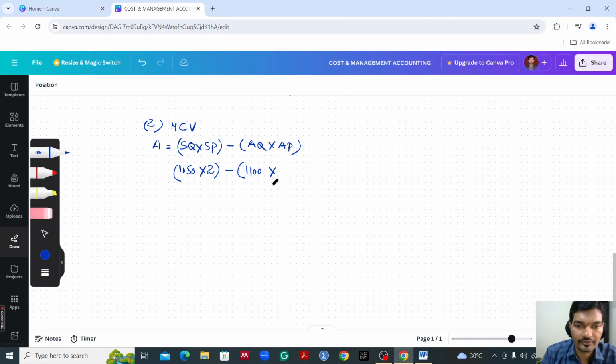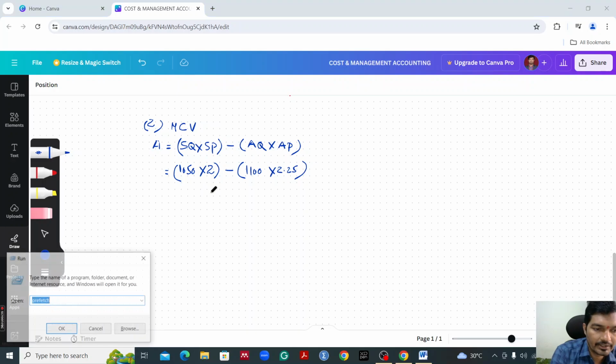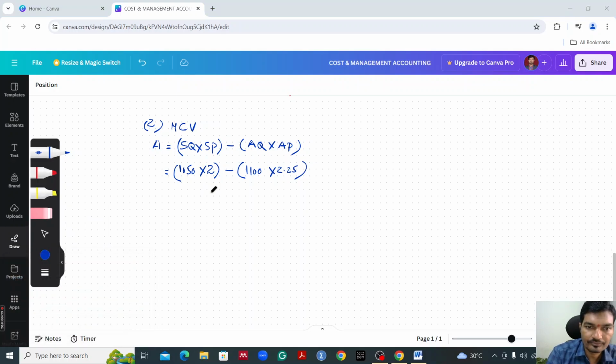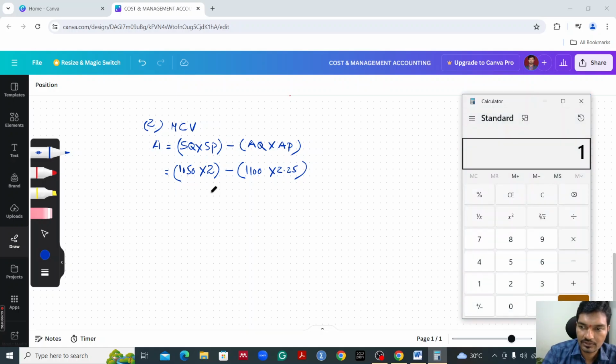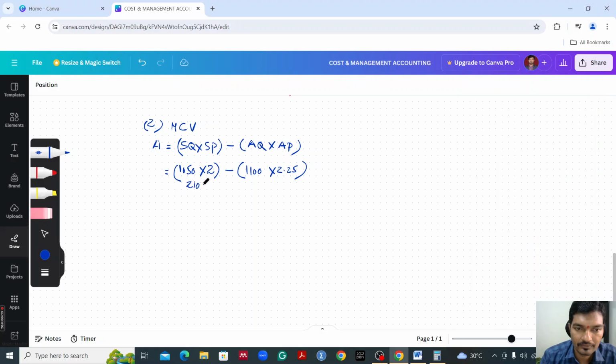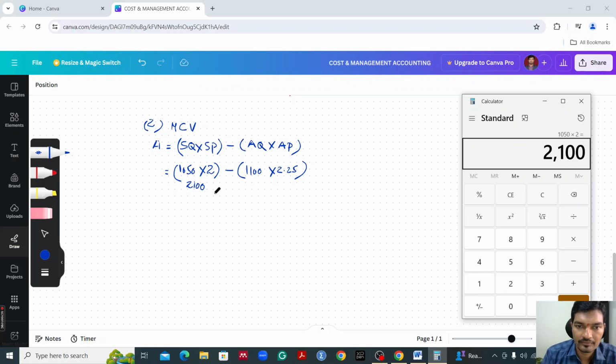The actual price is 2.25. Then if you take the calculator here, 1050 into 2, you are getting 2100. 1100 is multiplied with 2.25, 2475.